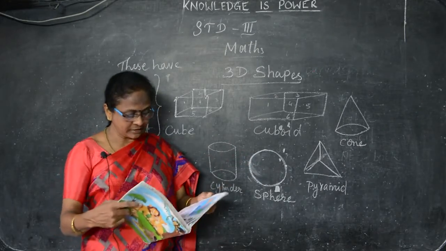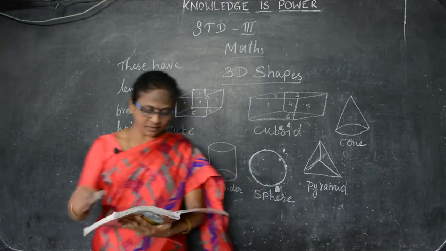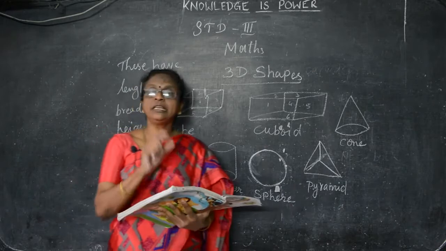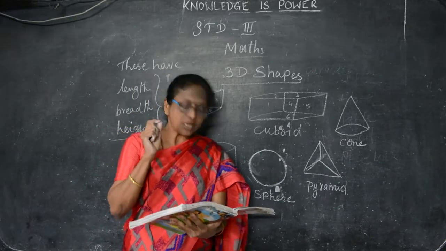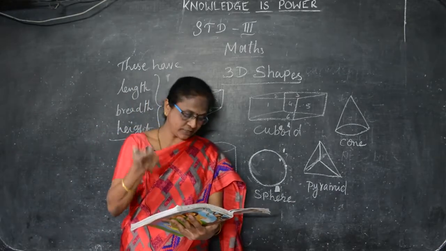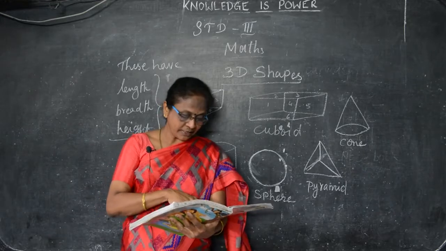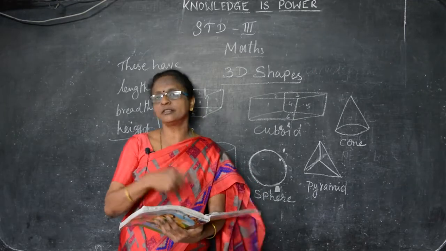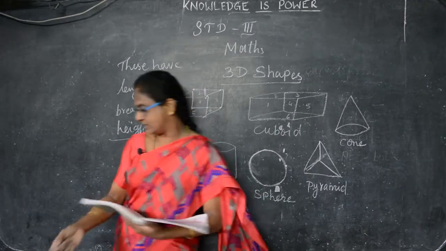So here they are given: complete the following table by filling the properties of 2D or 3D shapes. They are given some figures and you have to write whether it is 2D or 3D, the name of the shape, how many sides, how many edges, how many corners and the diagonals.